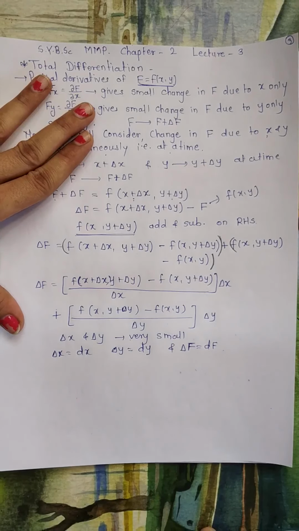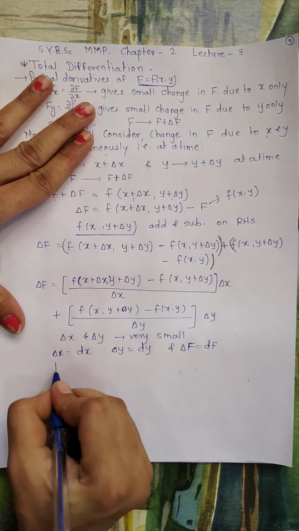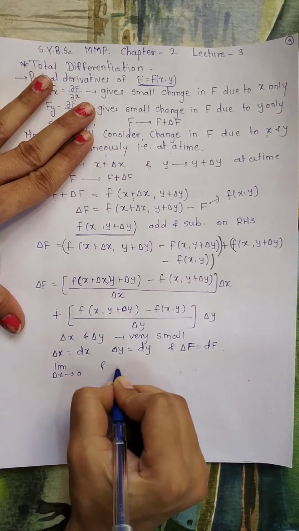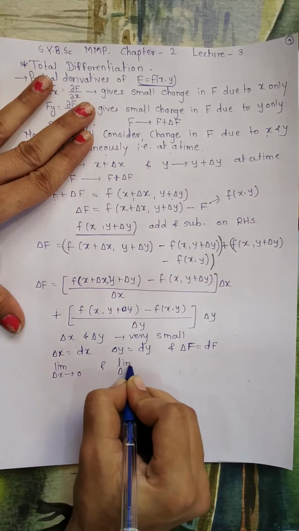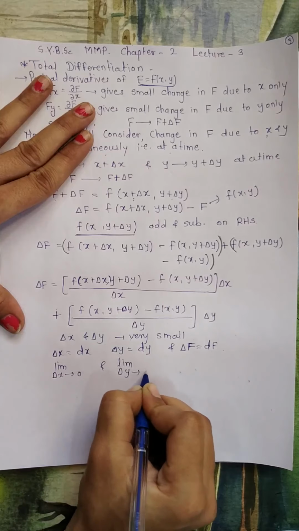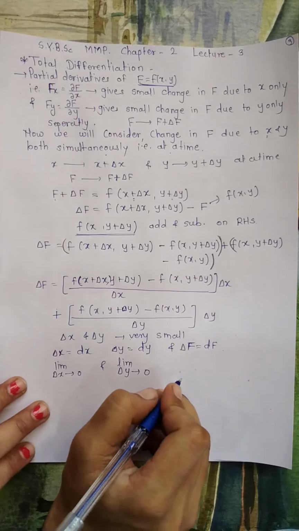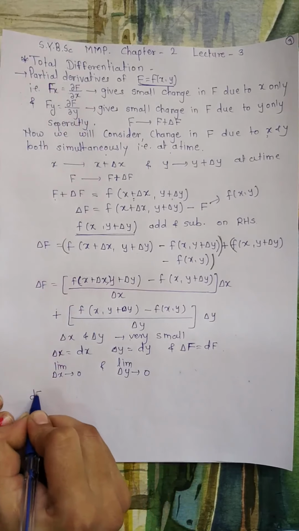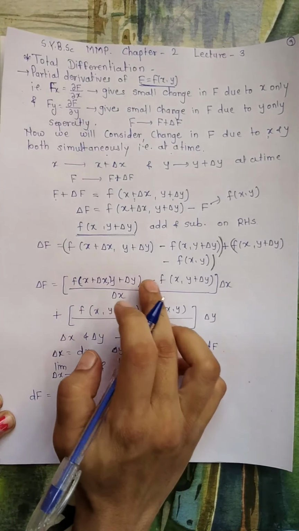So if we take the limit as delta x tends to 0 and the limit as delta y tends to 0, instead of delta f I will put df.